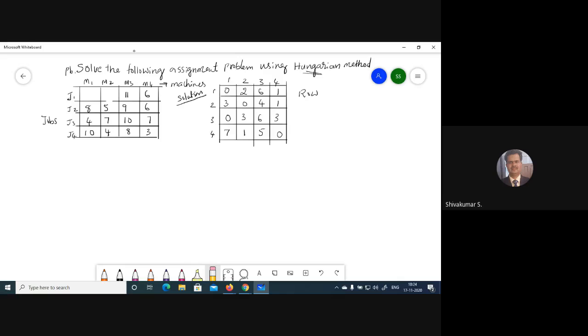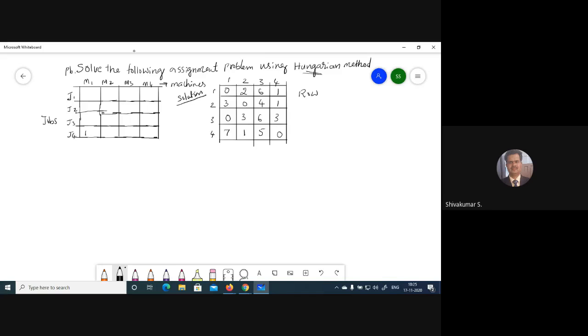So after row wise, now take the minimum value in each column.